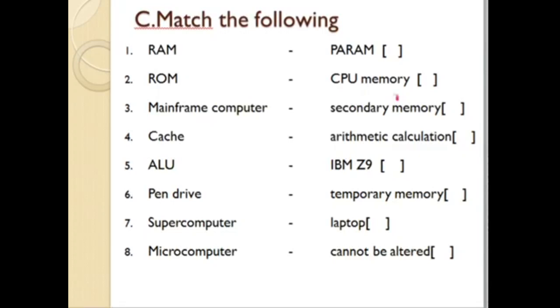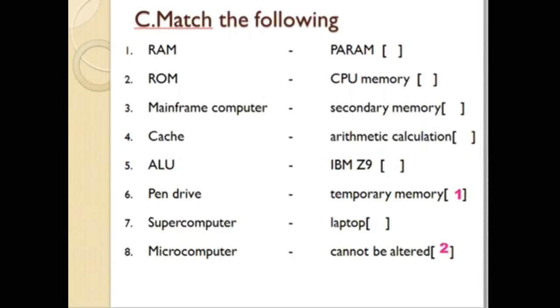The next one is ROM. In a ROM, we cannot alter anything. So the answer is cannot be altered.